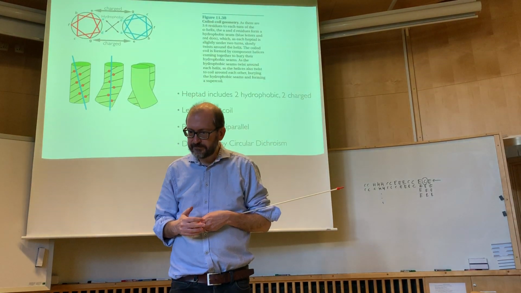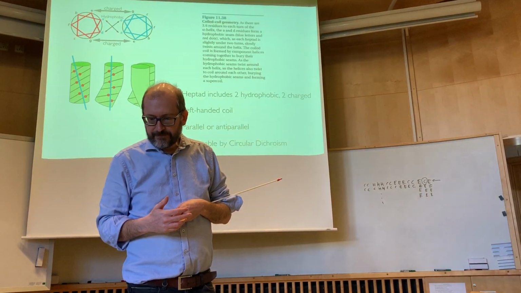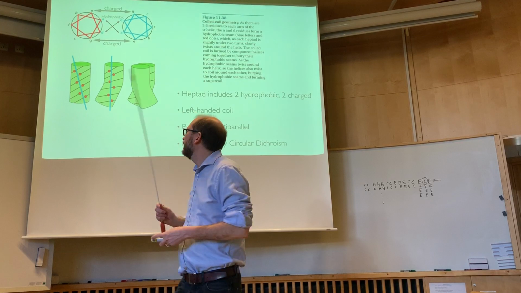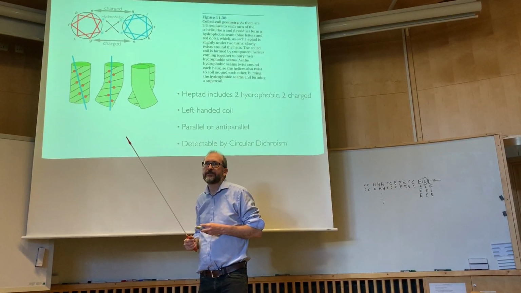Coiled coils are two alpha helices that coil around each other, right?